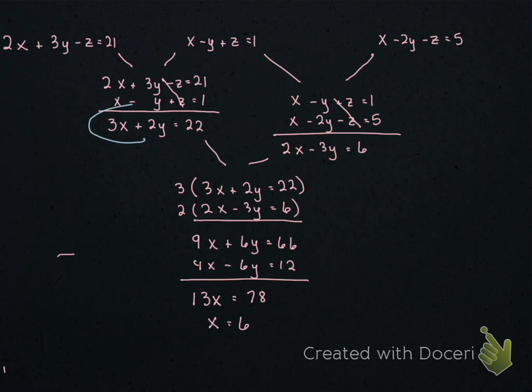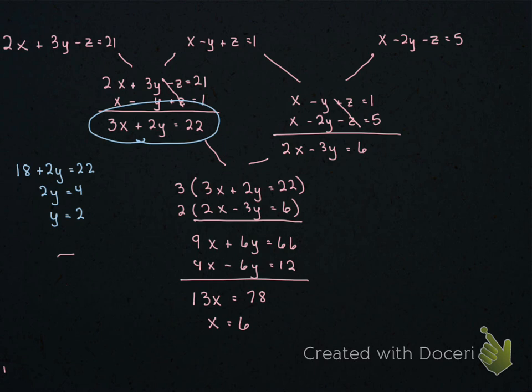I'm going to pick that equation to plug x in and solve for y. So 3 times 6 is 18, and when I subtract 18 from both sides, I get 4. Divide by 2, and y is equal to 2.